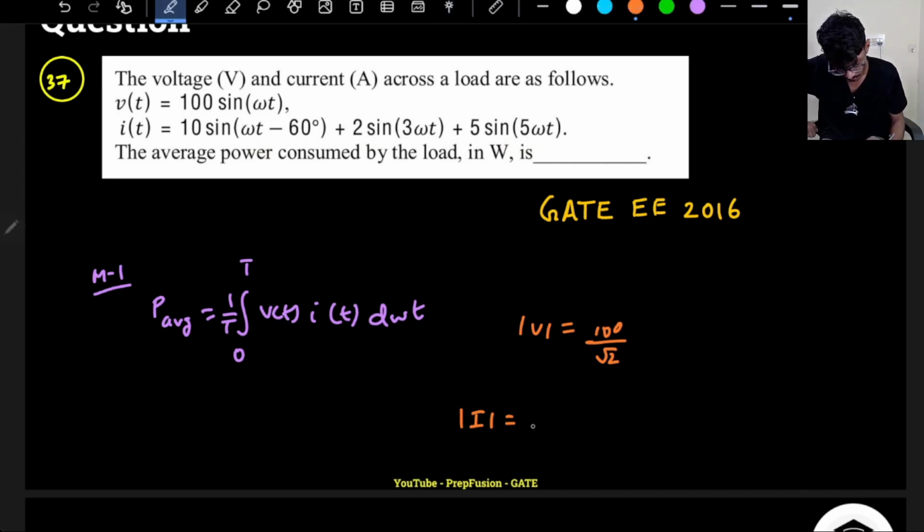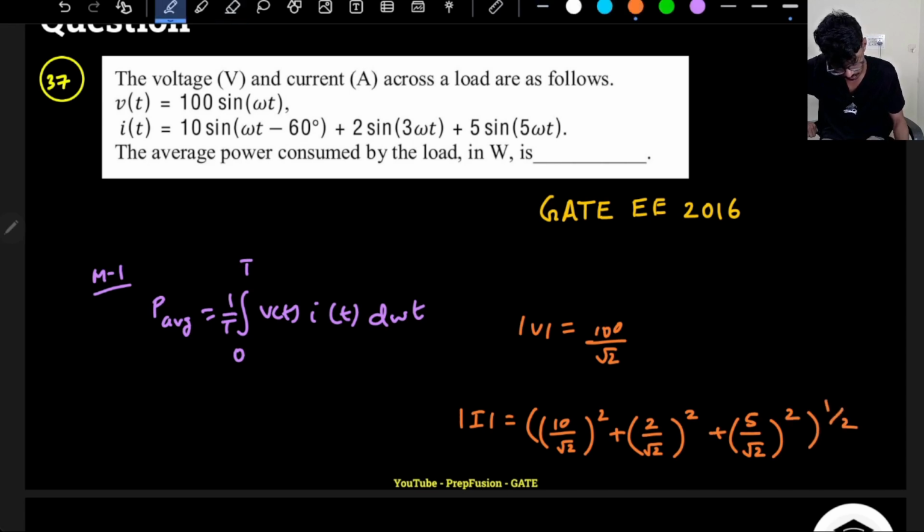So this will be the first one, RMS whole square, 10 by under root 2 whole square, plus 2 by under root 2 whole square, plus 5 by under root 2 whole square, whole under root.